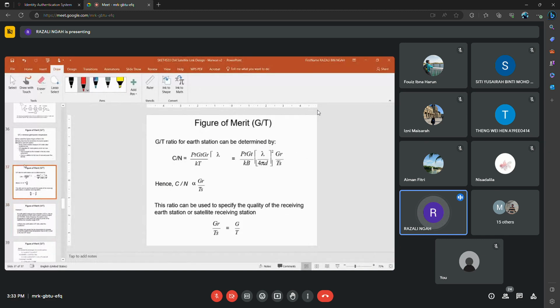So why do we use G over T? Because we use a receiving system.